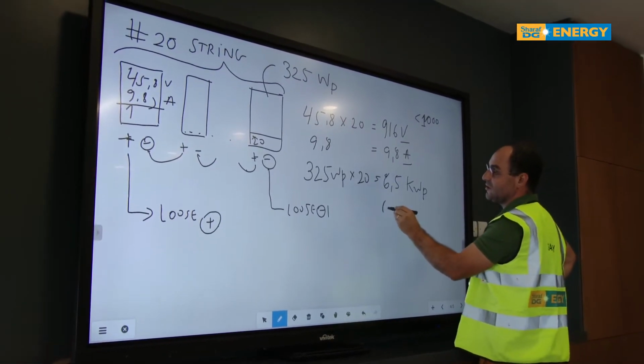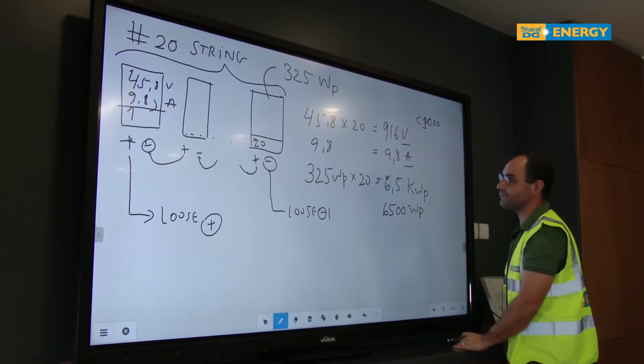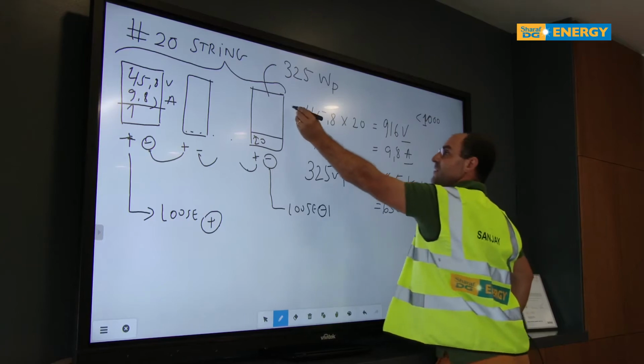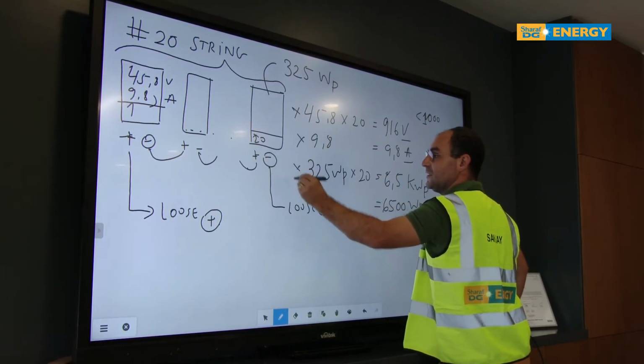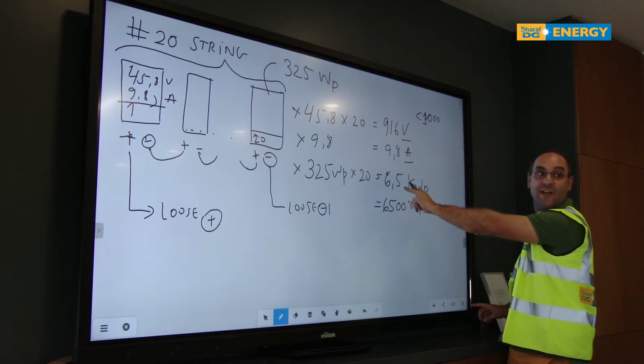Okay, 6,500 watt peak. So we have this condition, and this condition. Now we're going back. Keep this number in your head.